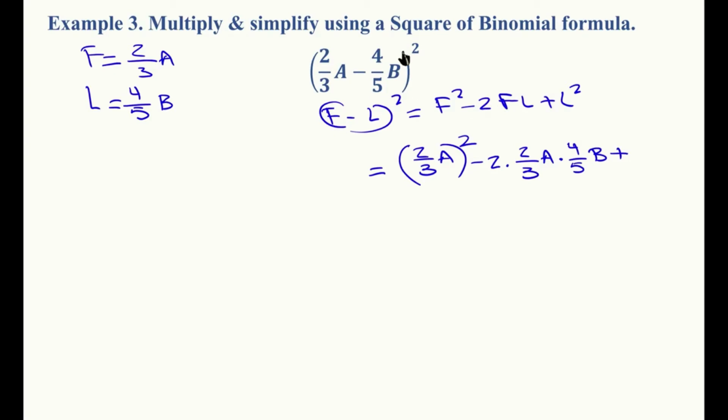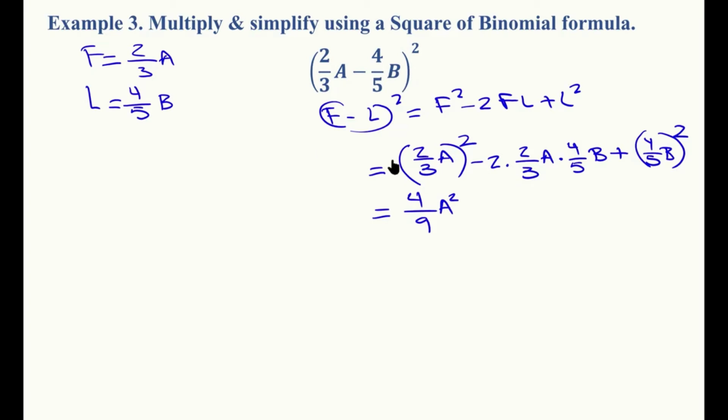So l here is 4/5 b, so we're going to parenthesize that 4/5 b and then square it. So now we know that 2/3 squared is going to be 4/9, so we get 4/9 a squared.